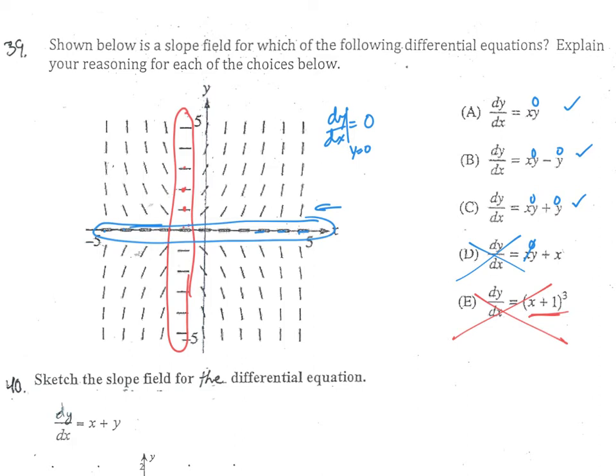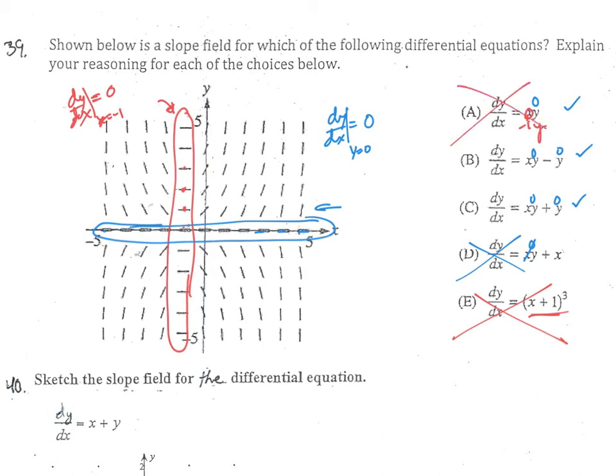Now I'm going to go to the other one. My slope is 0 when x equals -1. So dy/dx is 0 when x equals -1. If I plug in a -1 for x here, then I have -1y. That's not 0.